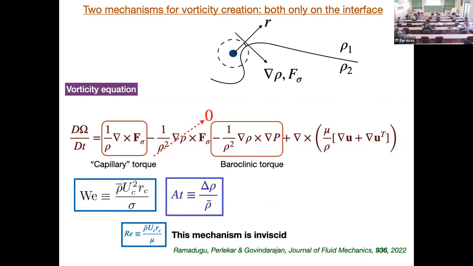The other one, I'm calling capillary torque for want of a better word, but if somebody has an objection to that, please let me know what's a good term. Incidentally, you're going to get vorticity creation everywhere on the interface due to surface tension, F sigma. So now let's see how that works.